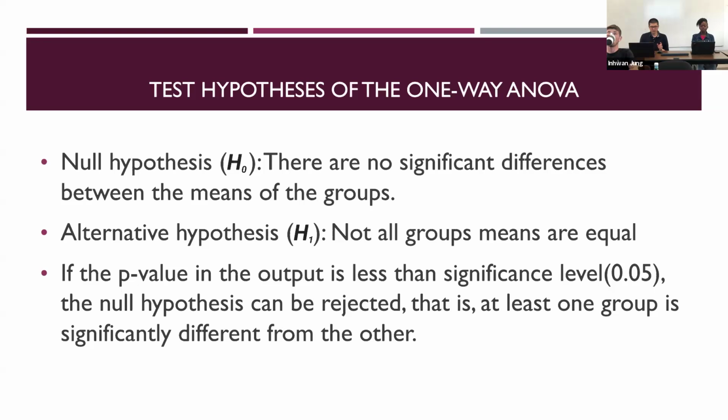So based on the result from the SAS program, you can find the p-value for the hypothesis test. If the p-value is less than 0.05, which is the significance level, the null hypothesis can be rejected, that is, at least one group is significantly different from the others.